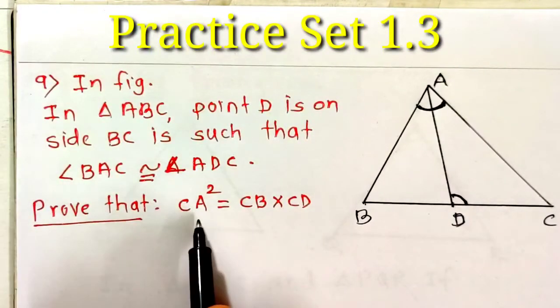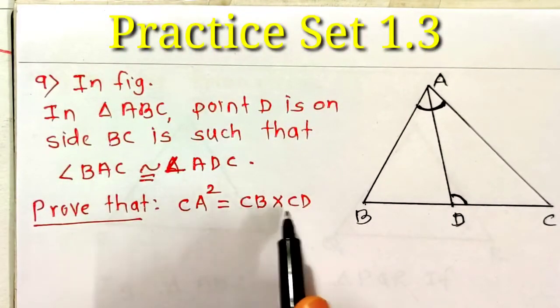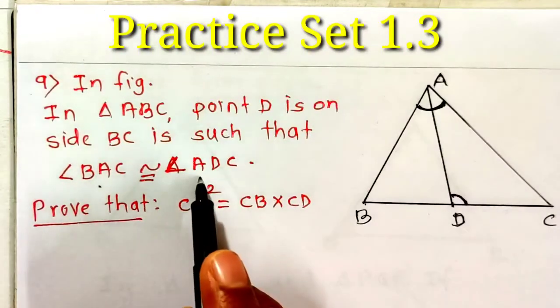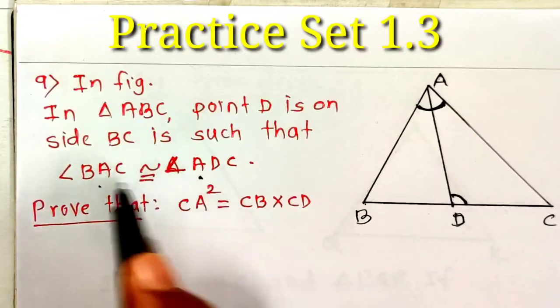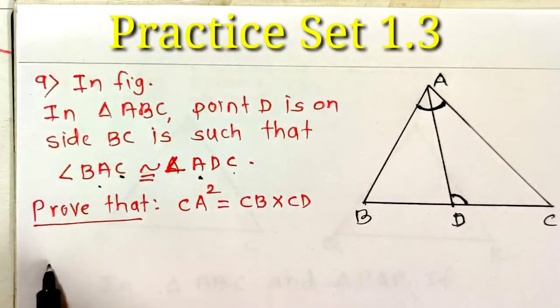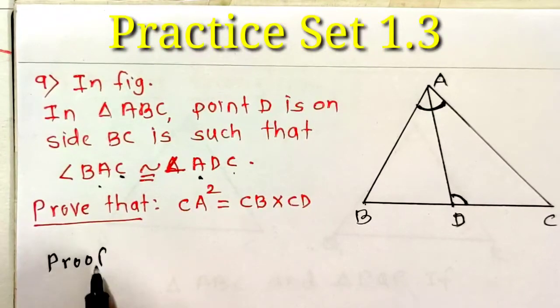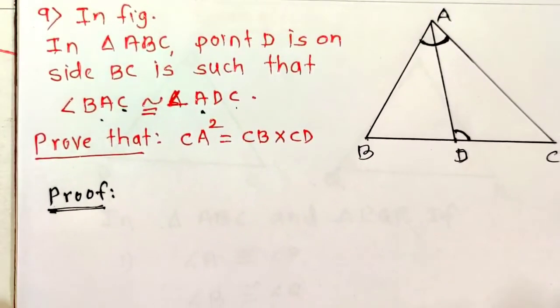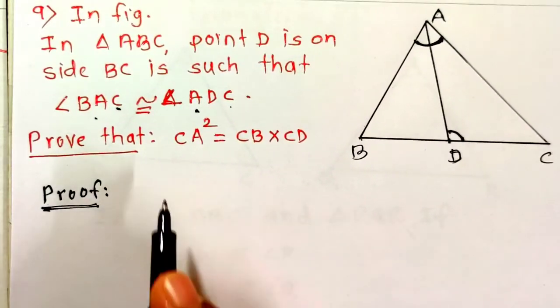Then we have to prove that CA square is equal to CB into CD. Again here, if we consider triangles BAC and ADC, then C is the common vertex. So in proof, we have to consider these two triangles BAC and ADC and try to show these two triangles similar by AA test.